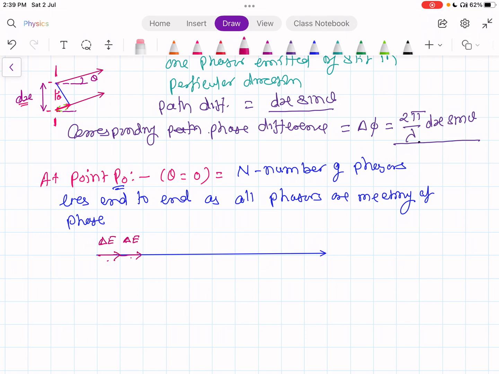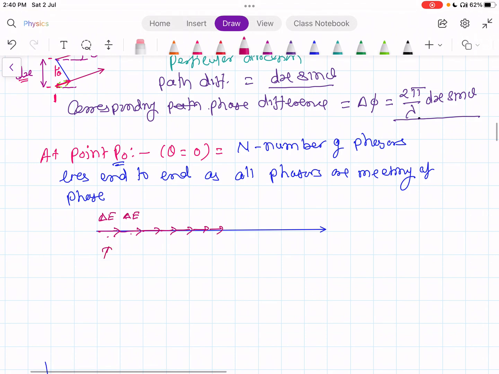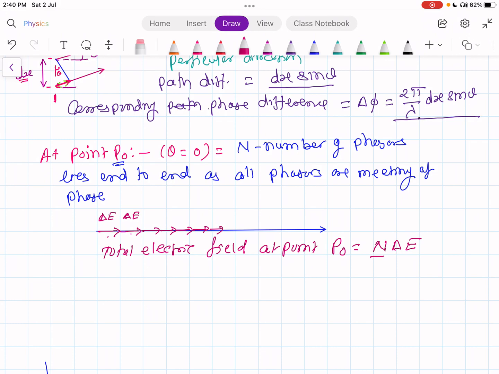So when they reach point P naught, they lie end to end, and the resultant, or total electric field, at point P naught is equal to n times delta E. N phasors of magnitude delta E arrive at point P naught, so we get n times delta E, and this electric field at point P naught is maximum.